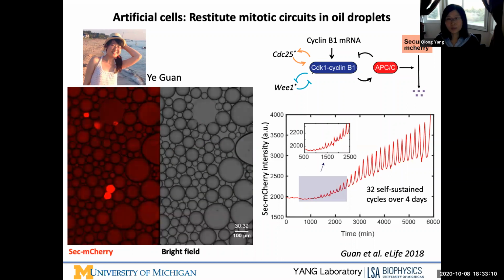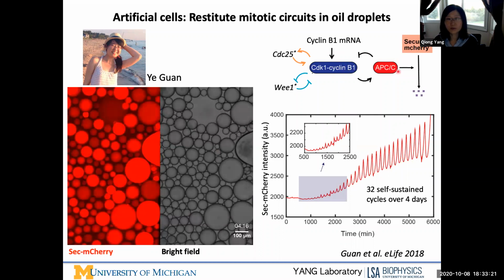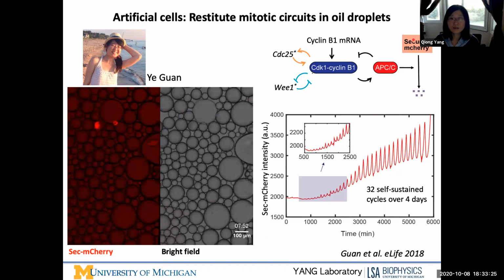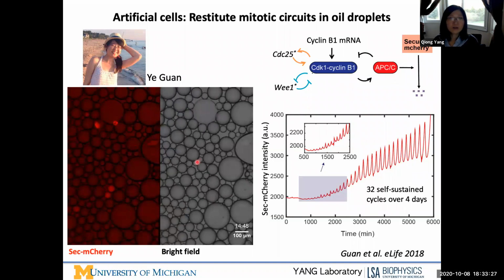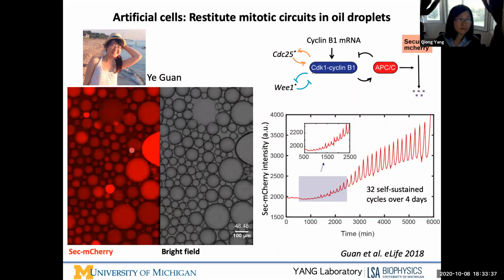If we put the mRNA of this protein inside, it translates in interphase, and then when the cell enters into mitosis, it activates the anaphase promoting complex, which targets securin for degradation. We also attach this protein to a fluorescence reporter, mCherry. As you see in the color here, the red indicates the mCherry intensity.